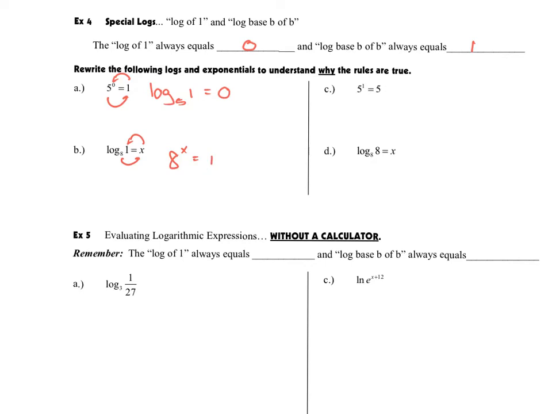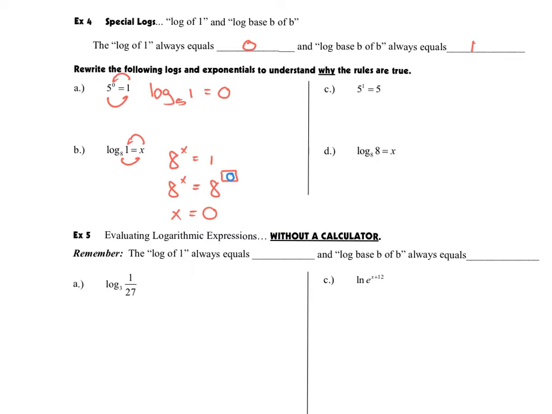If this is 8 to the x and we want these to be equal, then on the right-hand side, I need to write 8 to some power so that this would be a true statement. The only exponent that I can put in here so that this would be a true statement on each side would be an exponent of 0.